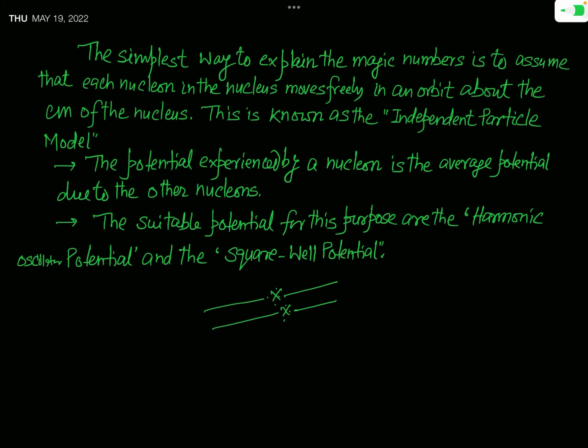Now, how can these magic numbers be explained? The simplest way to explain the magic numbers is to assume that each nucleon in the nucleus moves freely in an orbit about the center of mass of the nucleus. You have to consider that a nucleon revolves freely in an orbit about this center of mass.